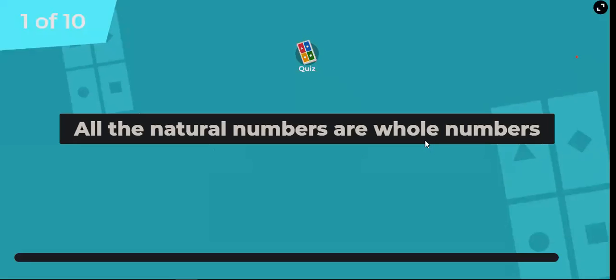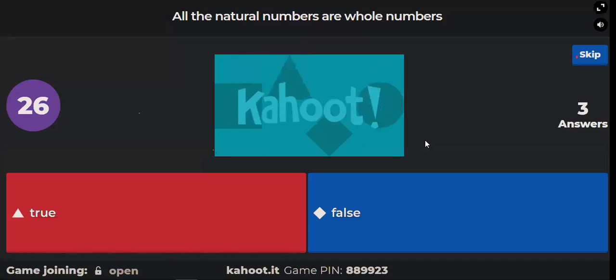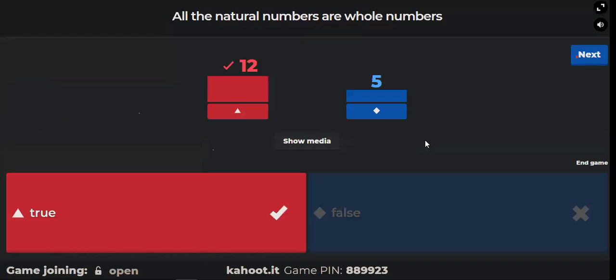Okay, the first question is, all the natural numbers are whole numbers. True or false? Super easy problem. Okay, all the 17 have answered. It is true, na? All natural numbers are whole numbers, but all whole numbers are not natural numbers, right?